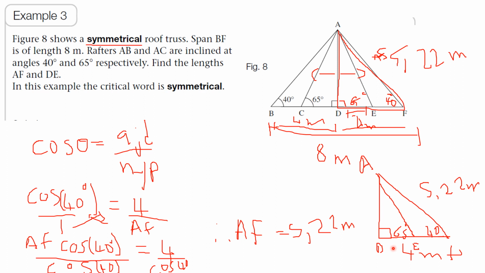What is the easiest way to find one side of this triangle? We can find this side, which is AD, because we can use the theorem of Pythagoras on this bigger triangle.